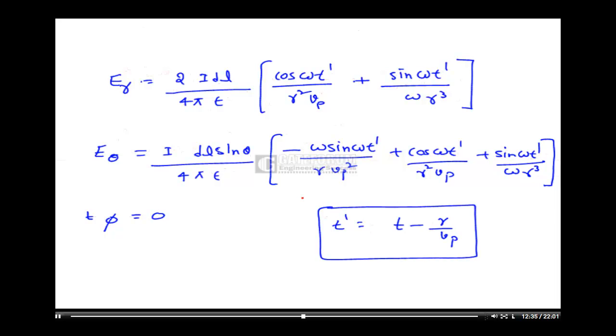This is the retarded time, t dash. So these are the equations we will get. So we can calculate H theta and H phi also.